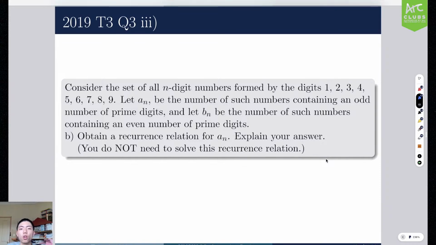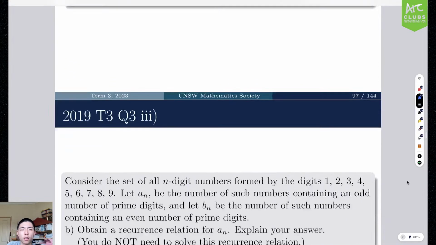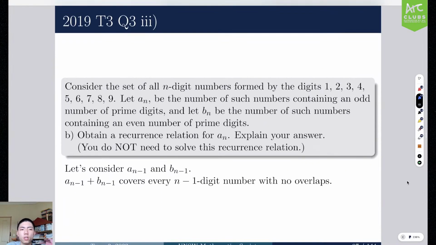Okay, so using the thing that we just figured out, we should obtain a recurrence relation for An. So we don't need to actually solve the recurrence relation, but we just need to derive it. To do the recurrence relation, we just need to consider the n-1 digit numbers before it. Because if we consider the n-1 digits, so let's just write them out like this.